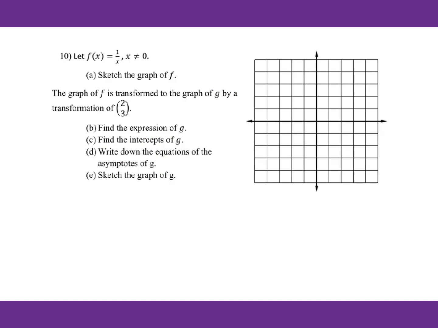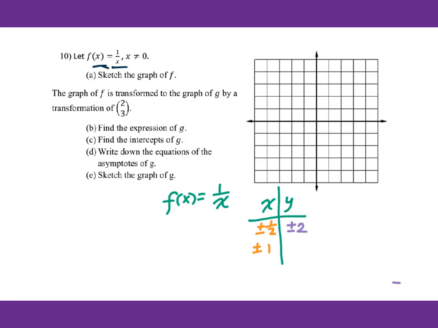Let f of x equals 1 over x, that's the parent rational function, and sketch the graph of f. For the parent rational function f of x equals 1 over x, the table you will get is plus or minus 1/2, then plus or minus 2.